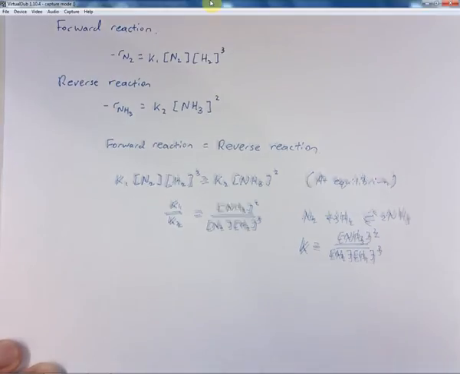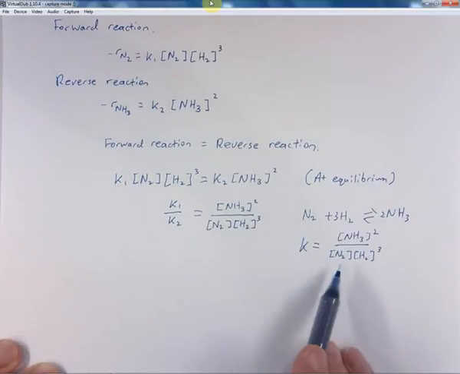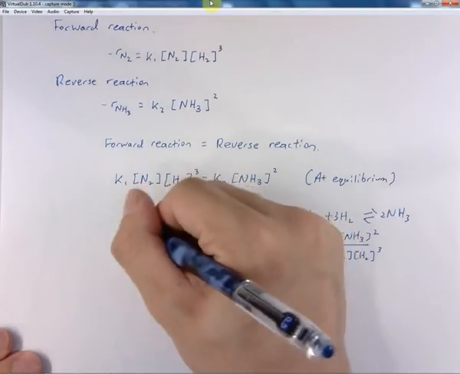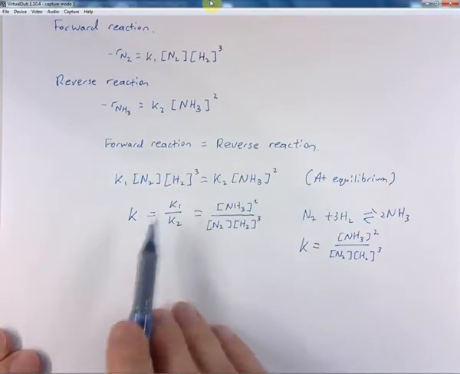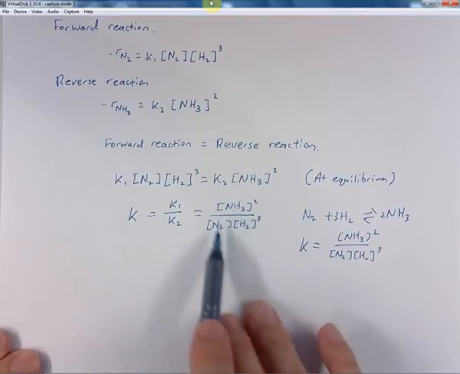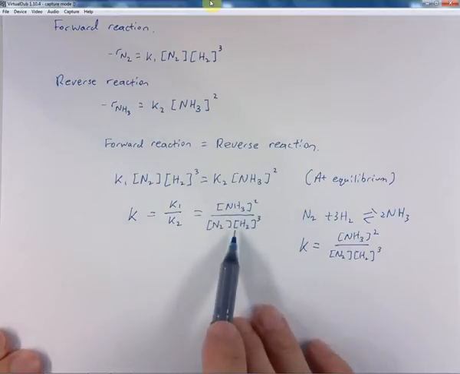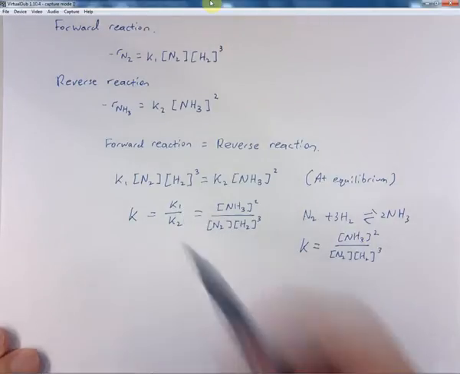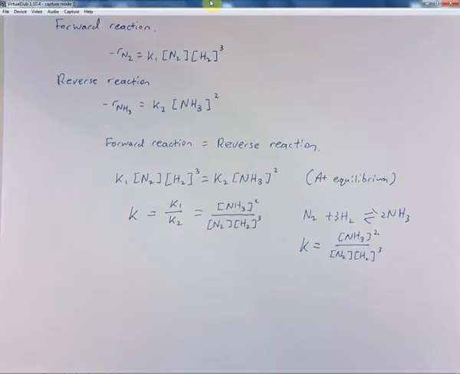Right, so you look at here, this is the same as this, and this is your equilibrium constant K. So equilibrium constant can be defined by this expression over here, which is product over reactant, or the forward rate constant divided by the reverse rate constant.